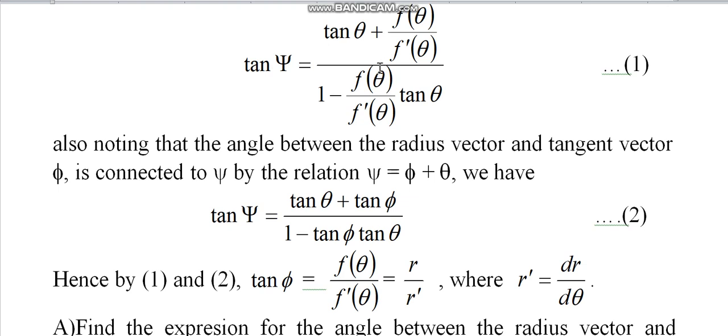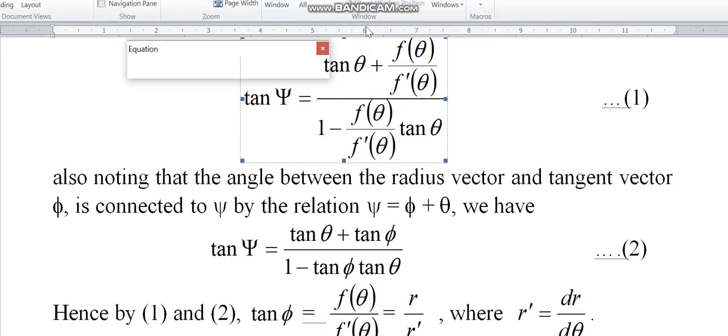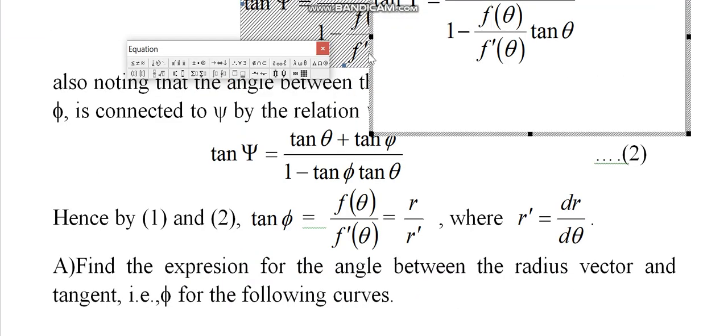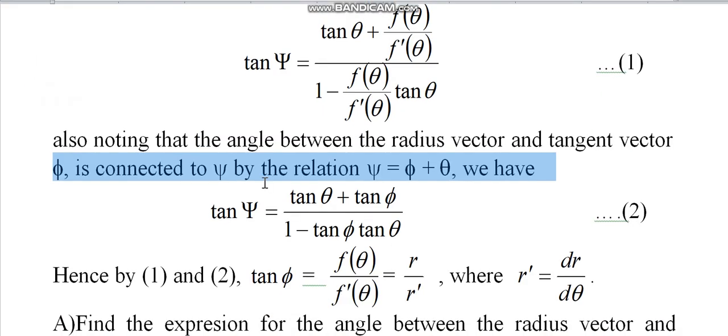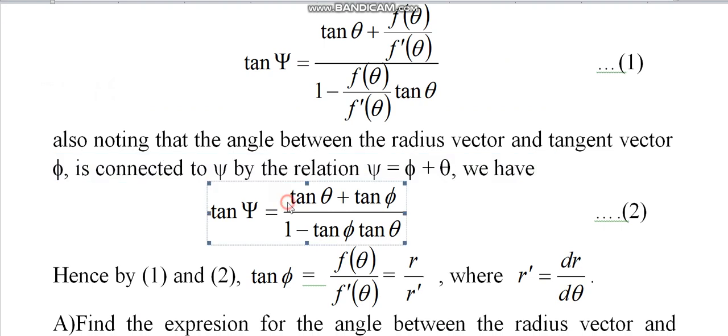So we equate the RHS of both the equations. We also see that there is a tan theta in both the expressions.